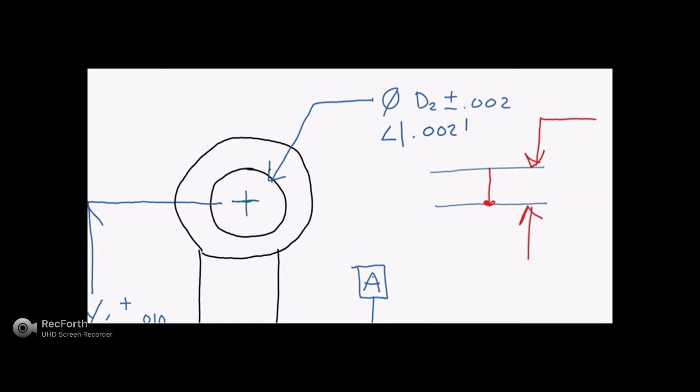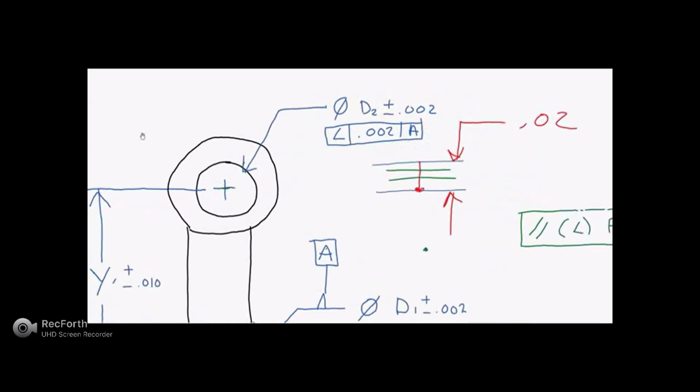I'm going to assign a parallelism of 2 thousandths relative to datum A. So this creates two parallel tolerance boundaries that are, by the way, contained within the limits of size tolerance, and they're parallel to our datum axis A.